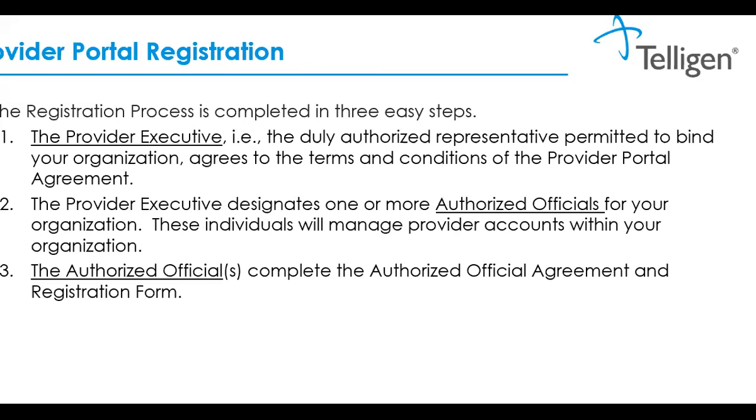So you'll just enter your name and email address in that provider executive section, and then you'll enter your name and email address in that authorized official section. You'll still click the begin signing button, and then that system will send you out the email with the link to fill out the rest of the registration packet. But they can be the same people if that's the way your agency is set up and what makes the most sense for who should be your authorized official.